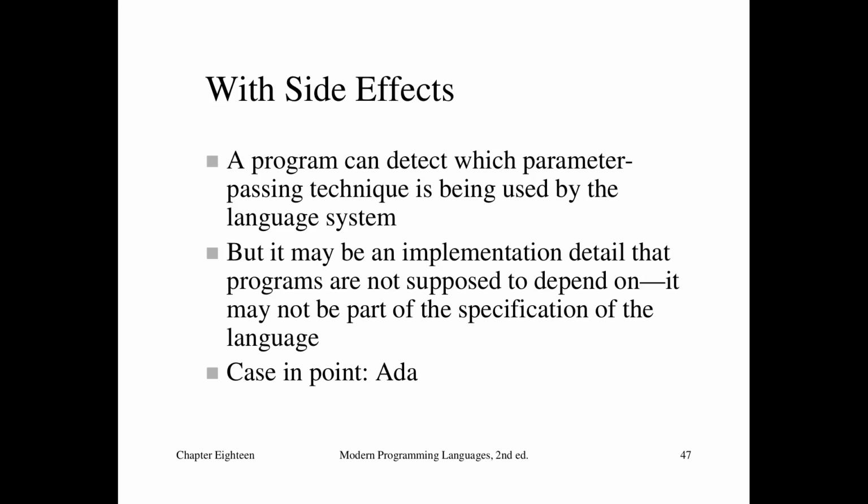For example, if the language system currently implements the capability to appear to be passing by result, and you start relying upon that capability, so you have an out parameter, but it's not something that was necessarily intended by the language itself, it can actually break your program later if they remove that, because it was not necessarily intended to be there in the first place.